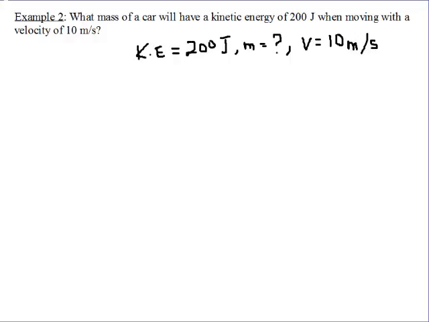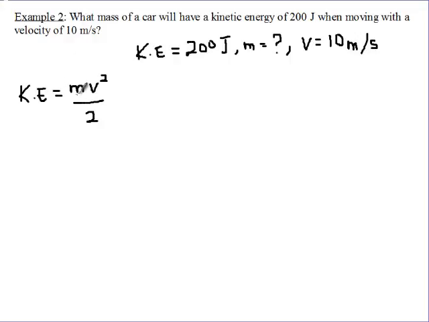Now the formula we were given initially is used to calculate kinetic energy, but not to calculate mass. But since this is physics, which is just like maths, we can move the terms around to make mass the subject. Remember, I said this formula could be stated in two ways: half mv squared, or mv squared over 2.